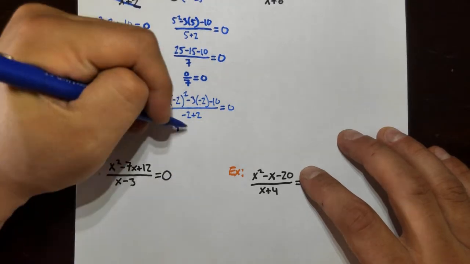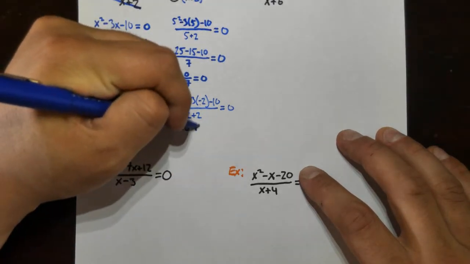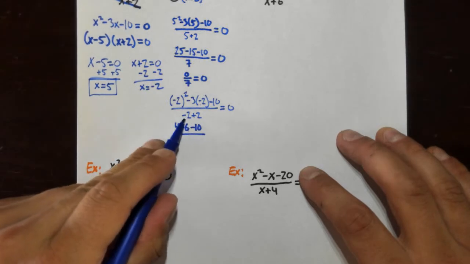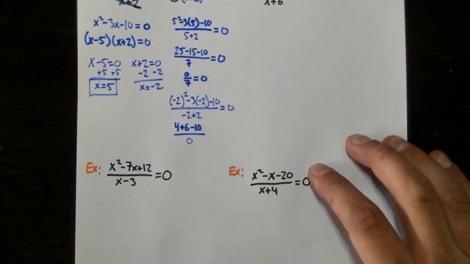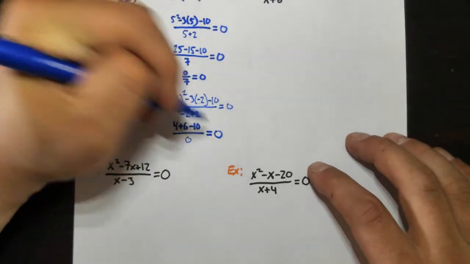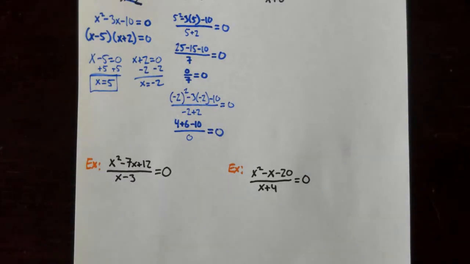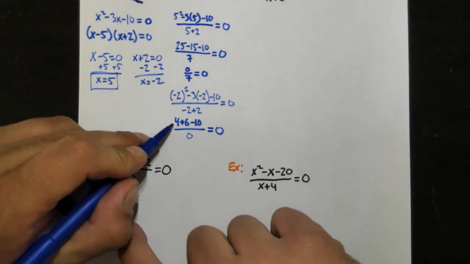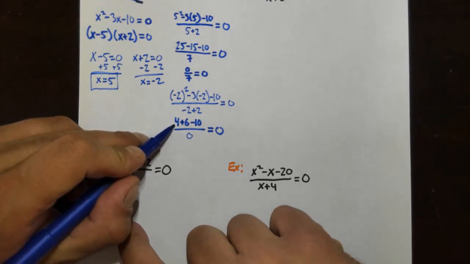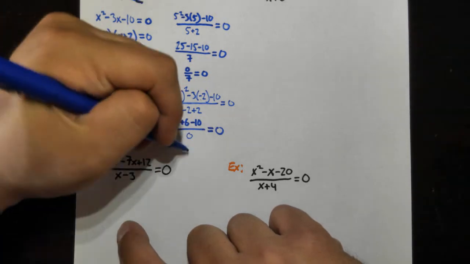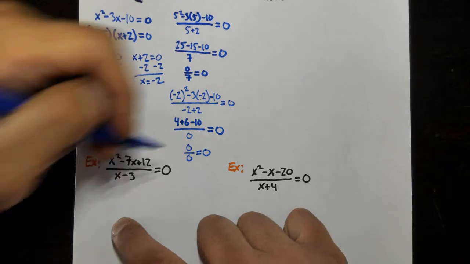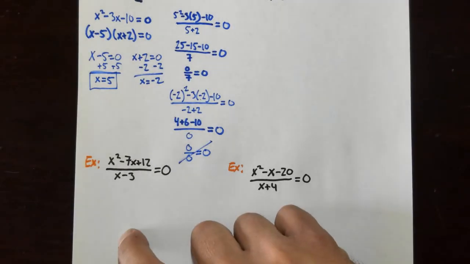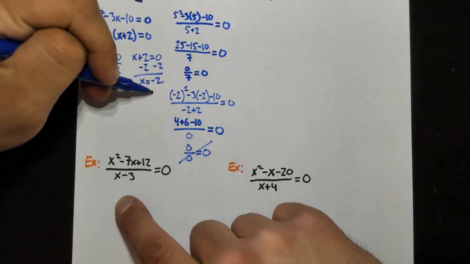Negative 3 times negative 2 is positive 6 minus 10 over, and then negative 2 plus 2 is 0. So notice what's going on here. We have a 0 on the bottom. We cannot have that. Although the top is going to go to 0 here too, 4 plus 6 minus 10 is 0, we have a 0 on the bottom, which can't happen. So this is our extraneous solution, negative 2.